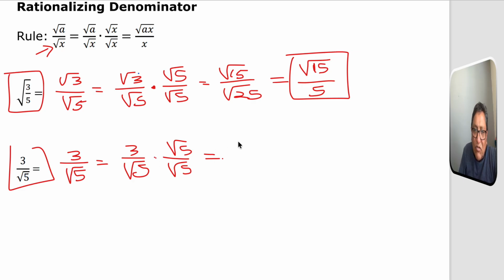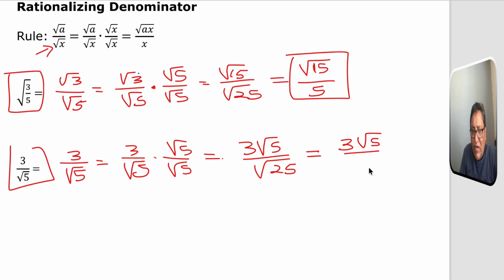So we will have 3 times a square root of 5 divided by 5 times 5 inside the radical, which is 25, equal to 3 times square root of 5 divided by square root of 25, which is 5. So this should be the answer in the simplest form.